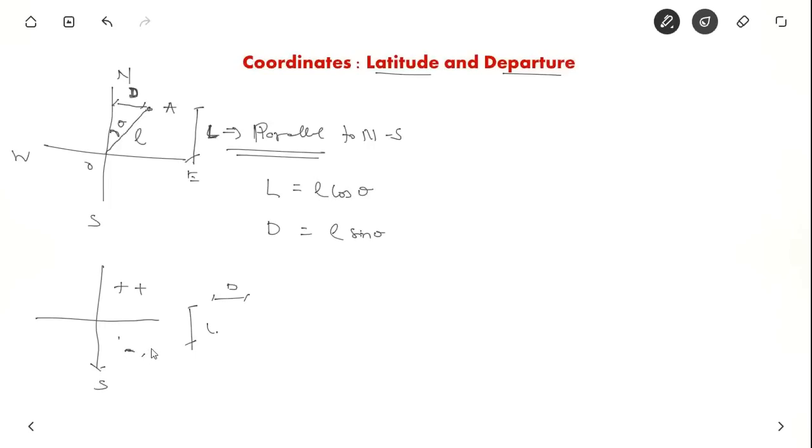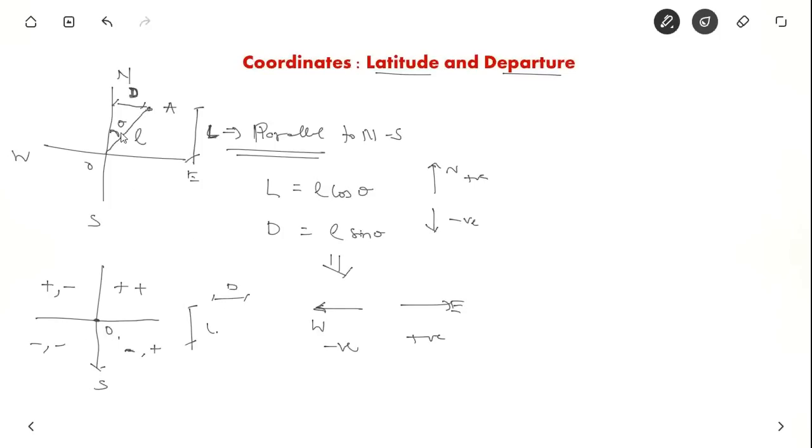Departure is positive, and similarly in the other quadrants the signs are negative, negative, and this one positive, departure negative. In case of departure, if you go towards the west it is negative, towards the east it is positive. For latitude, towards the north it is positive, and towards the south it is negative. This is with respect to the origin O.